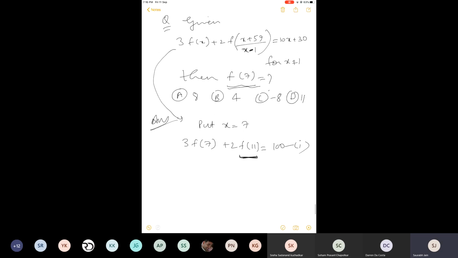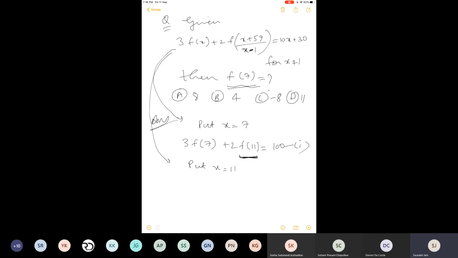So now what do you think? What should I do? What should be our approach now? So can we put x equals 11 and try? Yes, that is correct. Because obviously, if f(11) is occurring, how to get f(11)?